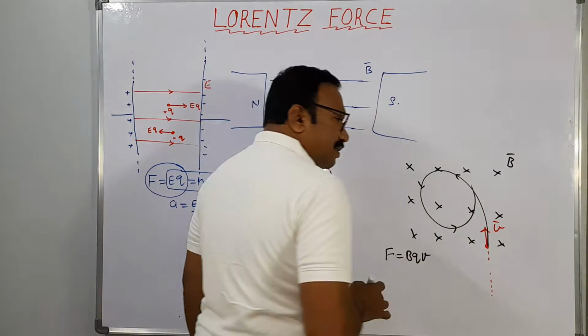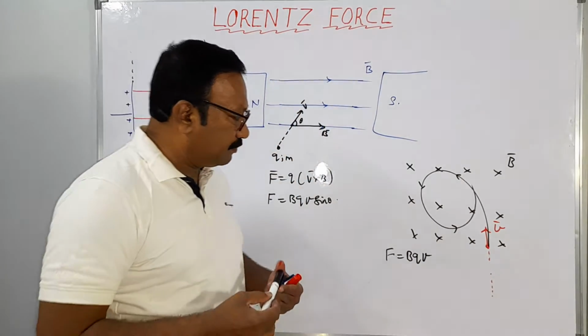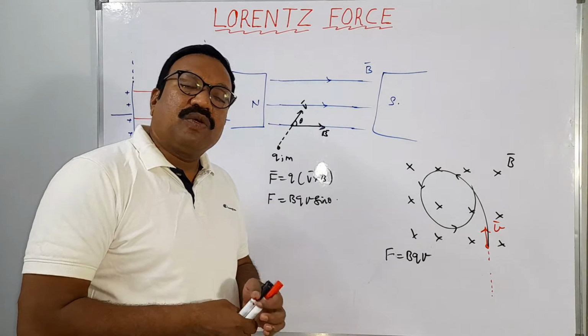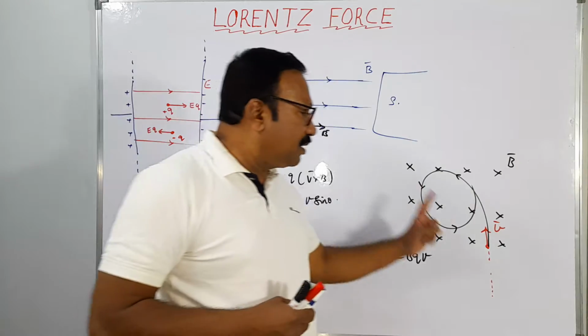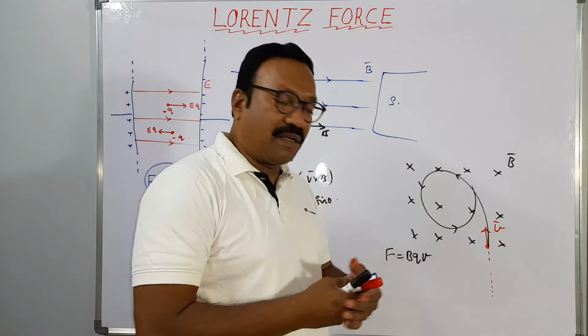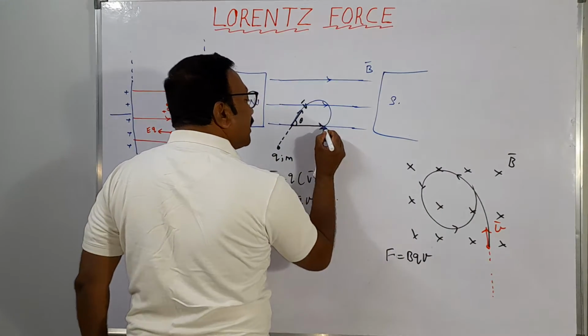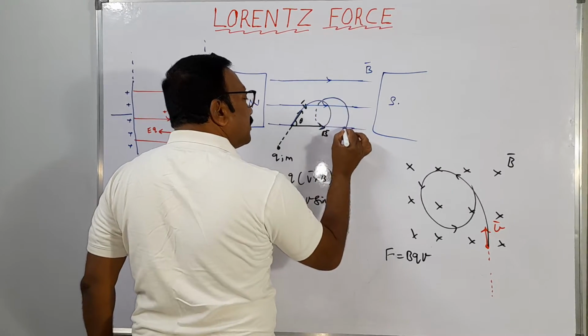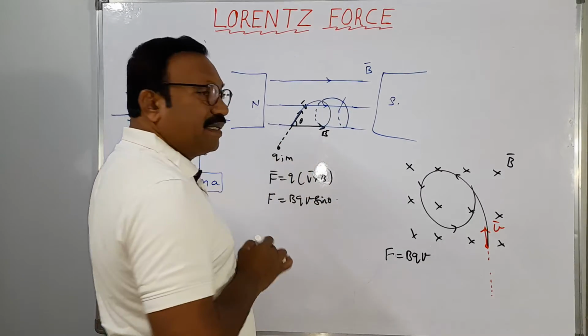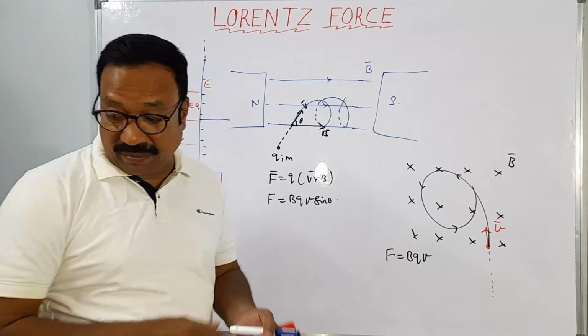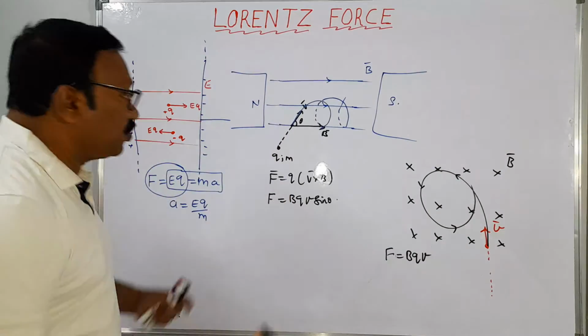This is already discussed in the previous lectures. So when a particle enters perpendicular to the magnetic field, it moves in a circular path. How does it move here? It moves in a helical path, isn't it? Because theta is not 90 degrees here. So all this information you are supposed to know.